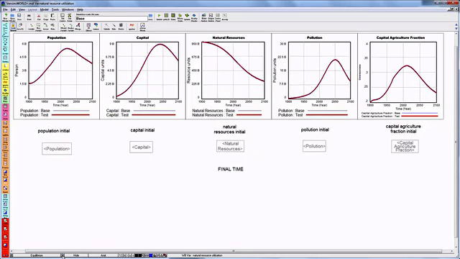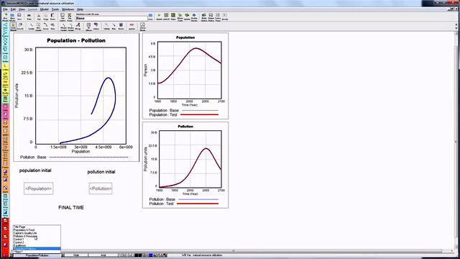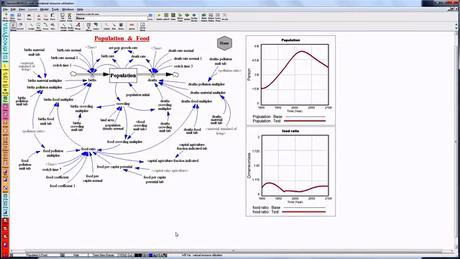And then a particular control panel that's targeted at finding, if we can, equilibria for the model. We'll use that again in a moment. And then finally a phase plot for the population-pollution relationship, as well as the behavior over time of those two states. So let's get back to the structure view and see what we can learn about this model.